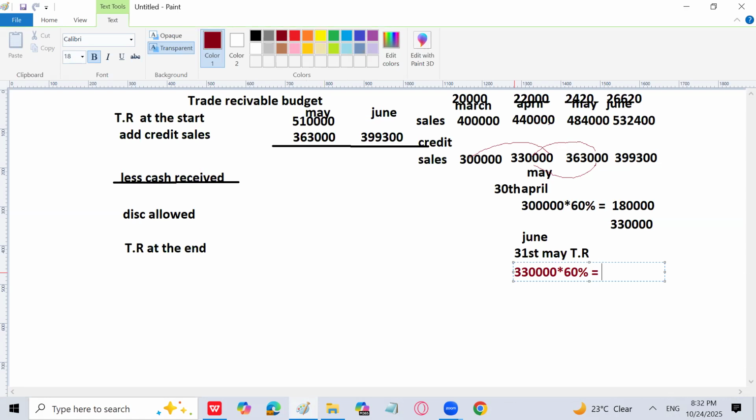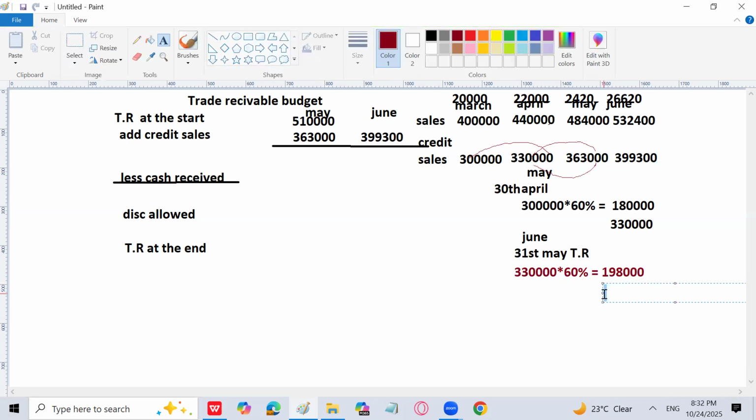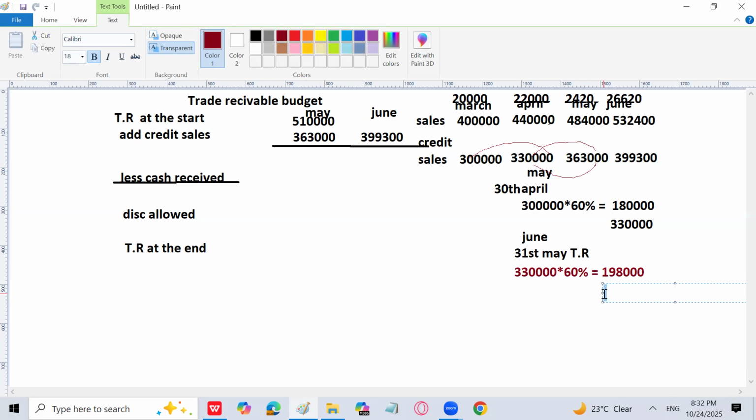We have trade receivable on 1st June. We can calculate. They are going to be how much? If you can calculate for me, 60%, 198,000. I remember, if I'm not wrong. And the May sales is completely not yet received in June, because on 31st May, all the May sales is yet to receive.